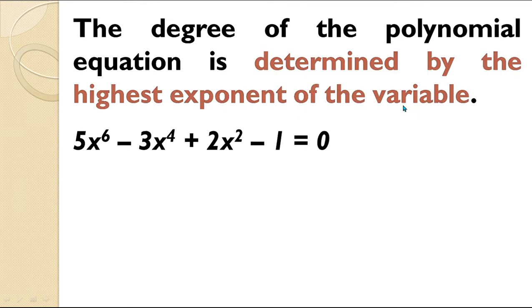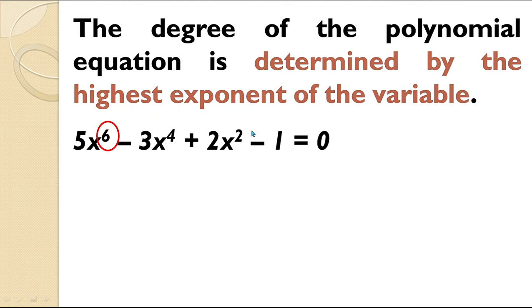So the degree of the polynomial equation is determined by the highest exponent of the variable. So for example, we have 5x raised to 6 minus 3x raised to 4 plus 2x squared minus 1 is equal to 0. And as you can see, the highest degree or the highest exponent ay 6.